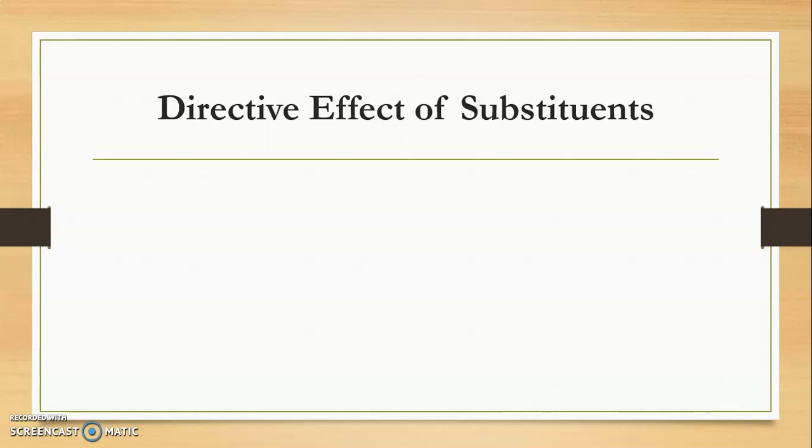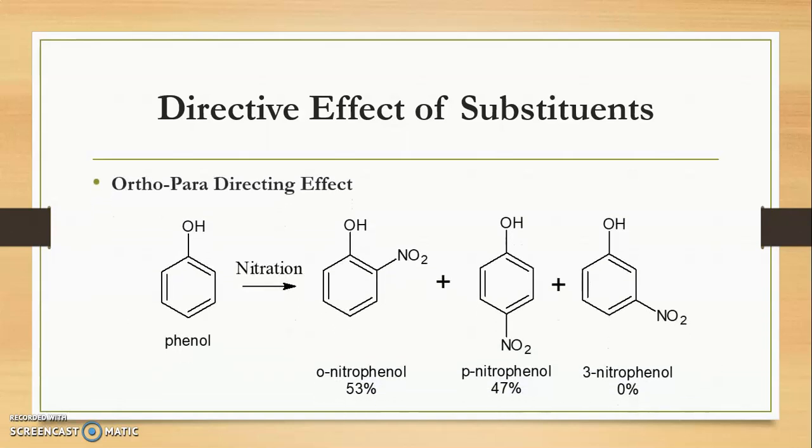So here the deciding factor is the substituent that is present on the benzene ring. Some substituents will direct the motion of the electrophile towards the ortho-para position, or some substituents will direct the motion towards the meta position. Now there are two different effects: one is the ortho-para directing effect and the other one is the meta directing effect.